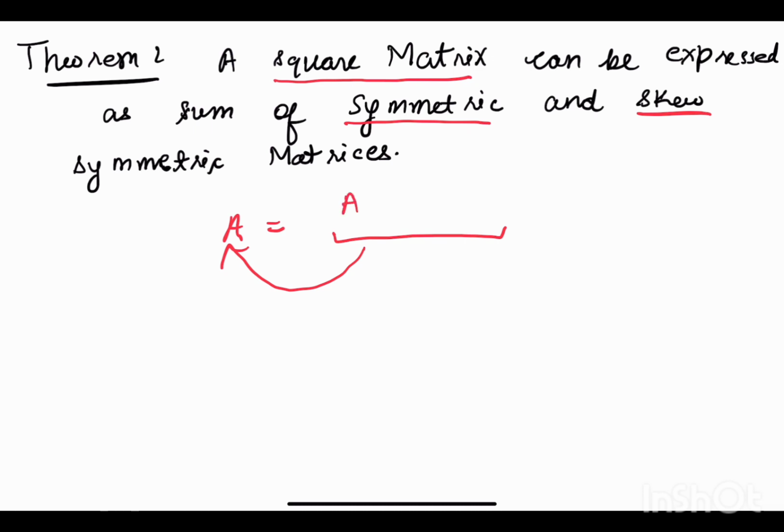For a symmetric, we just proved that my A plus A dash was my symmetric part. Let me just put a plus sign and with some gap. What was my skew symmetric part? A minus of A dash. Now, what can we do in such a way that this sum can give me my A is that just simply putting a half, multiplying both the terms by half. Now, just cross check.